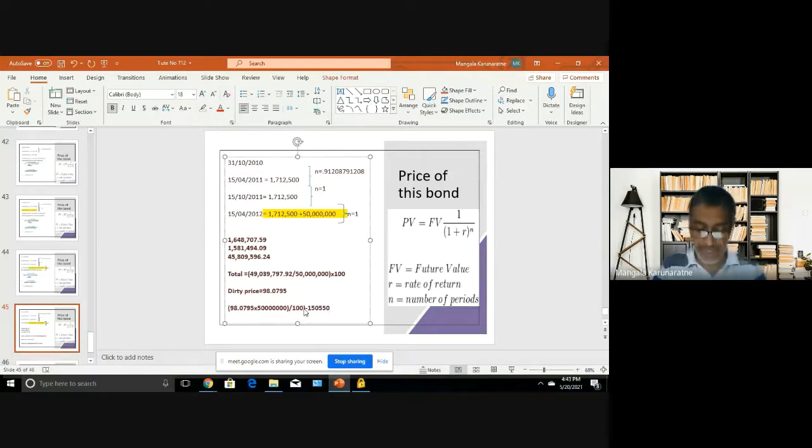150,550, right? Now again we multiply by 100. You need to have two brackets here, right? Because we need to get the clean price for 100 units.